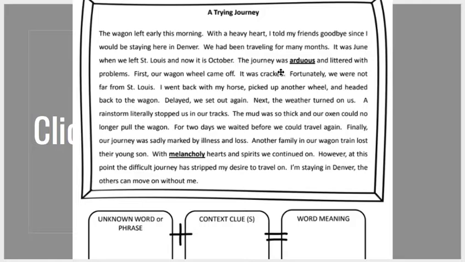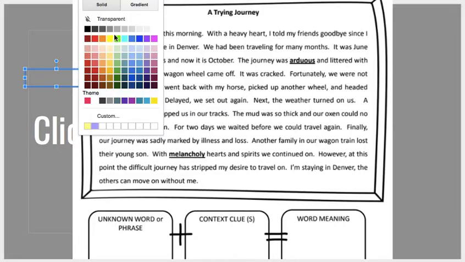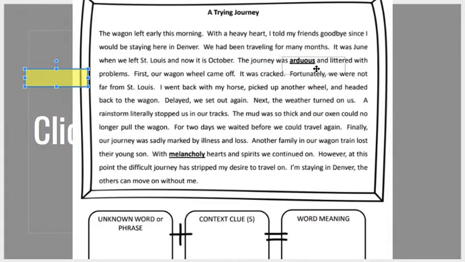We've got a clue here about what it means, and our title does help us too. We've got a trying journey. They've been traveling for months, and it's littered with problems. So, let's get some color over here. Journey was arduous. That's the word we're looking for.